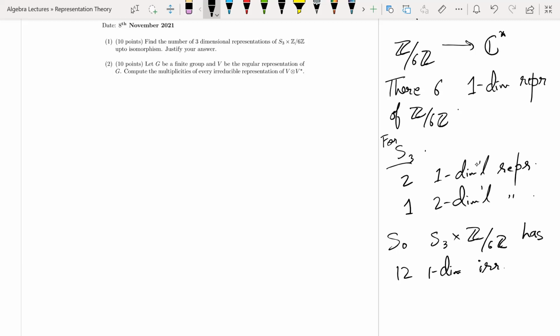You tensor each of these representations of S3 with these one-dimensional representations of Z mod 60. So you get 120 one-dimensional representations and 60 two-dimensional irreducible representations.